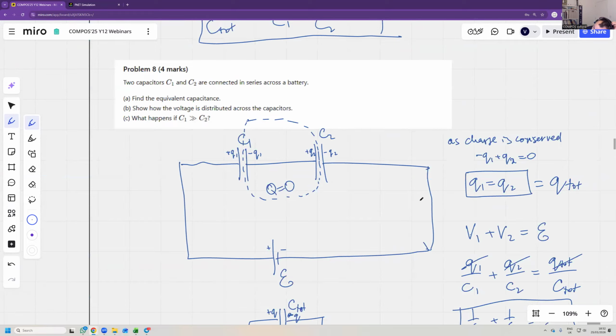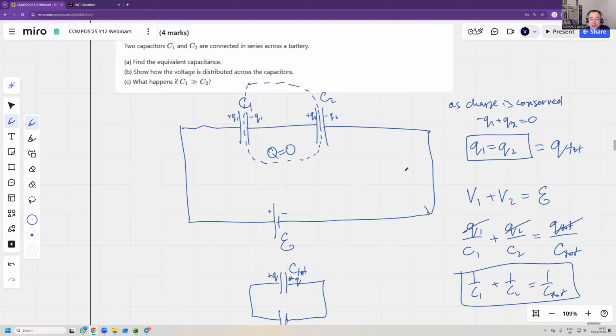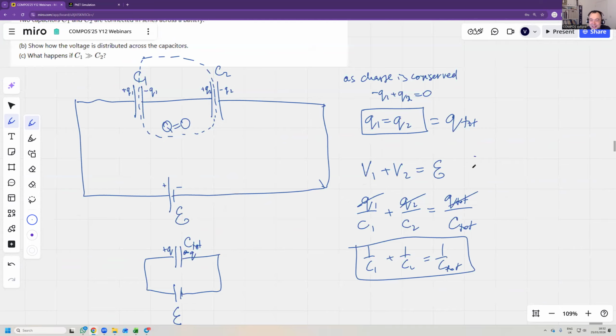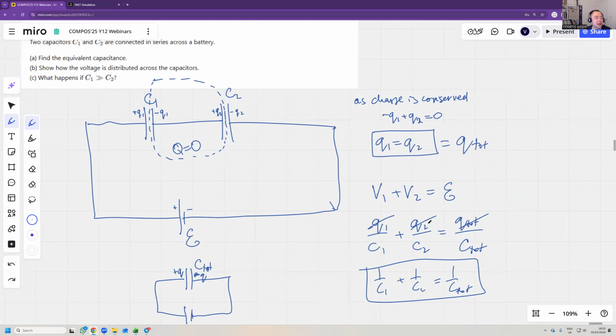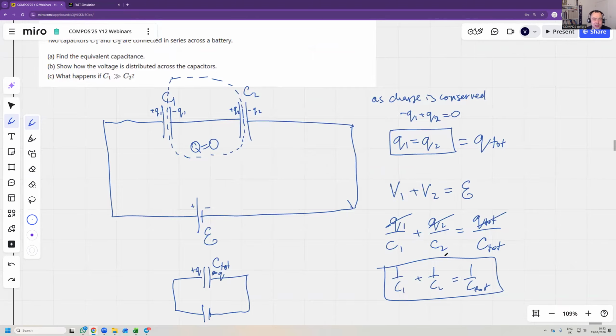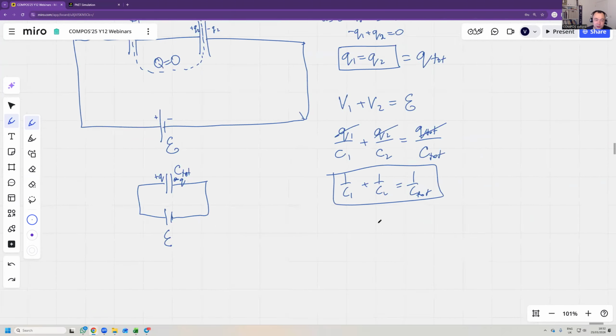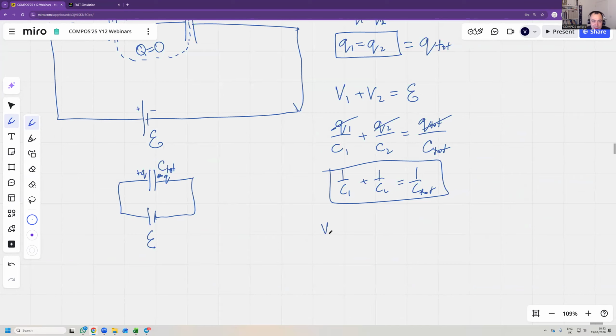And that's it. That's another way of proving, well, it's the way of proving using Kirchhoff's laws. So this is Kirchhoff's second law. Show how the voltage is distributed across the capacitors. Well, we know that V1 plus V2 is the total battery.